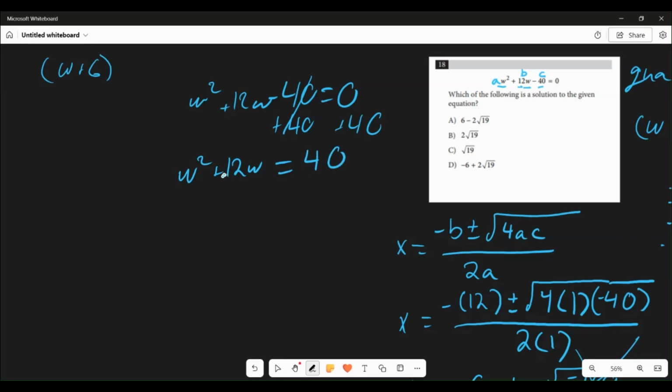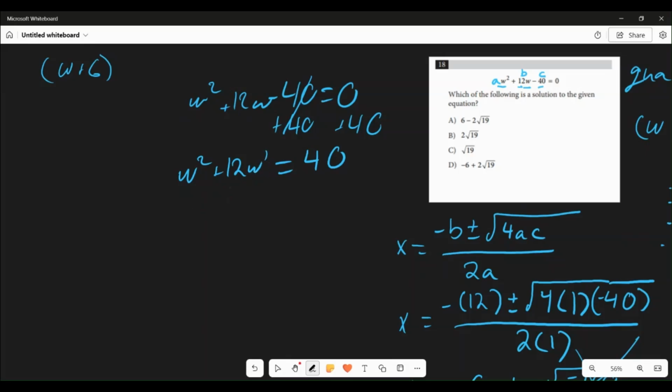So now what do we have to do? We need to figure out what number we need to add to this side of the equation and this side of the equation such that this square becomes completed. Well, if we know 2 times 6 is 12, then we would need to add a 6 squared here, right?